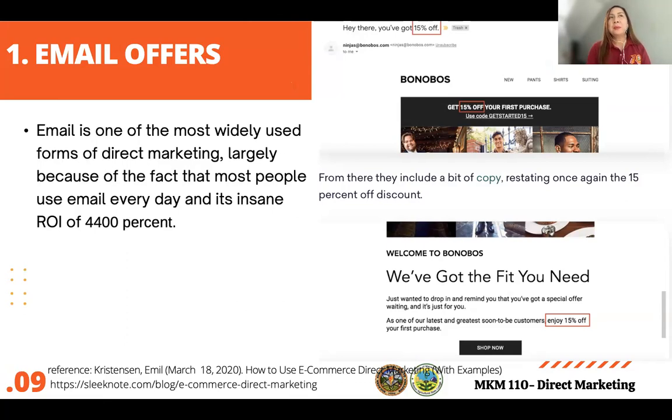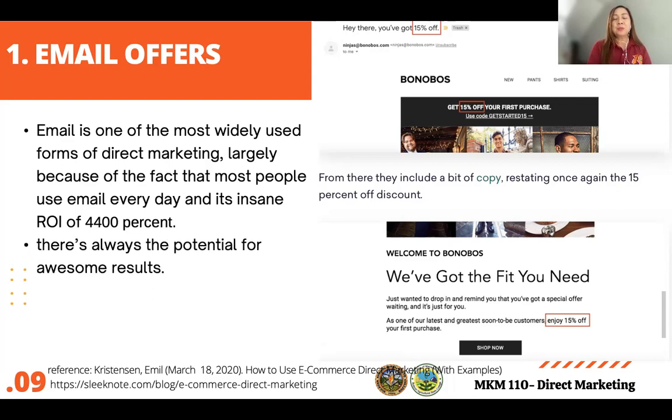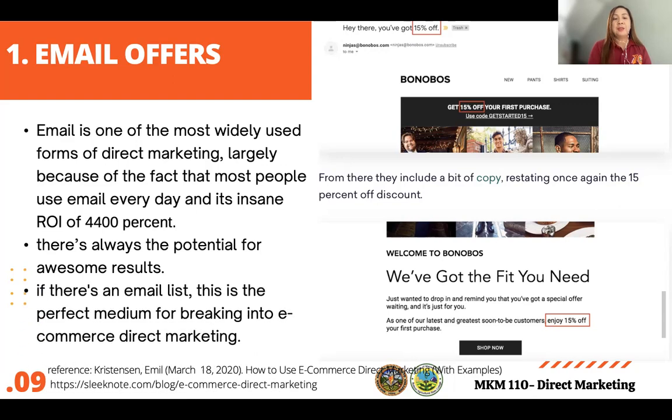If you have your own business, a return on investment of even 80% or 98% is already a good figure. But beyond 100%, and staying there at 4,400%, is a very good figure for this type of media. So there's always the potential for awesome results, and if there's an email list, this is the perfect medium for breaking into e-commerce direct marketing.